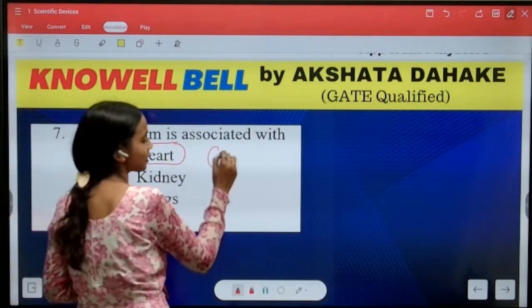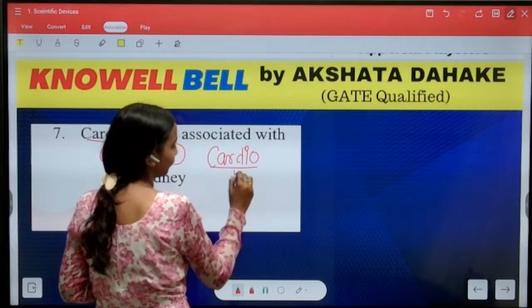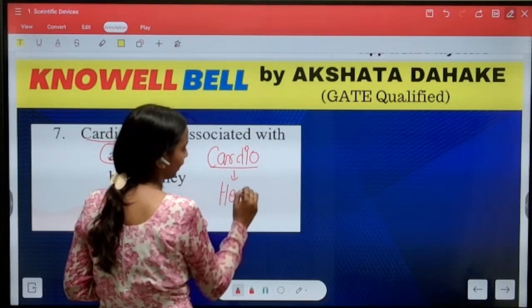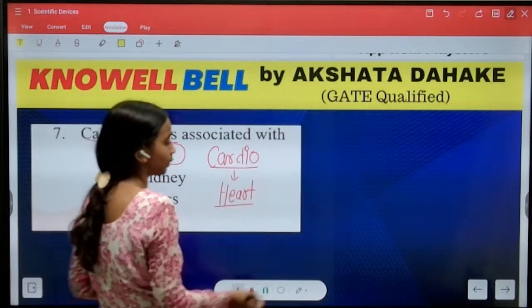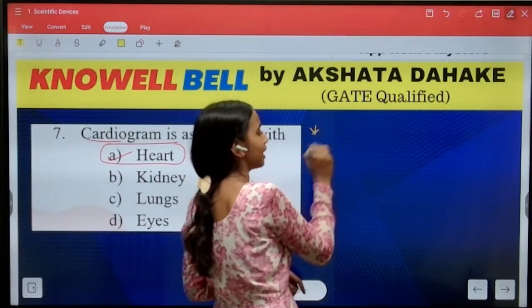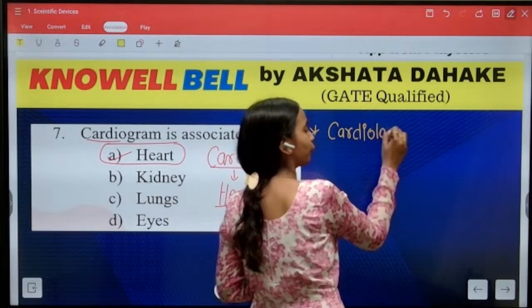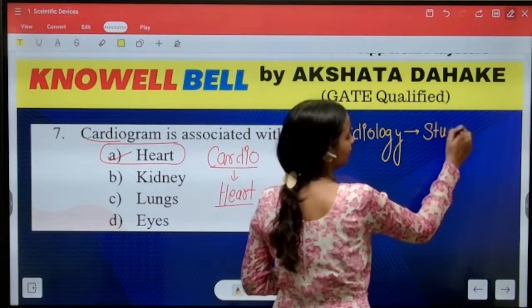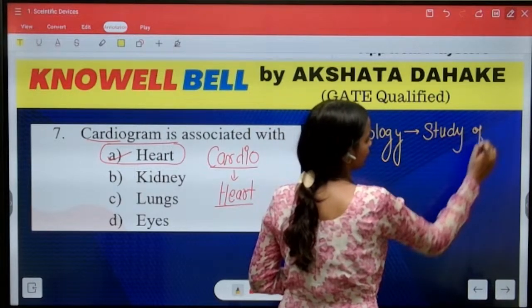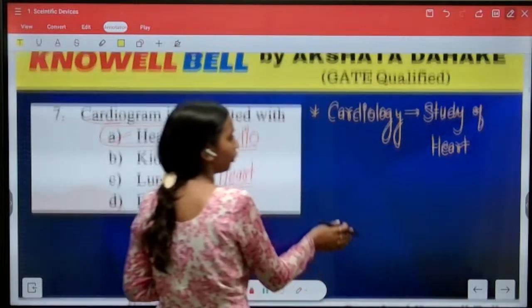In English language, what is the meaning of word cardio? Cardio means heart. Two more terms we have to keep in mind over here, जहाँ से question पूछा जा सकता है. That is cardiology. What is cardiology? Cardiology is the study of heart.